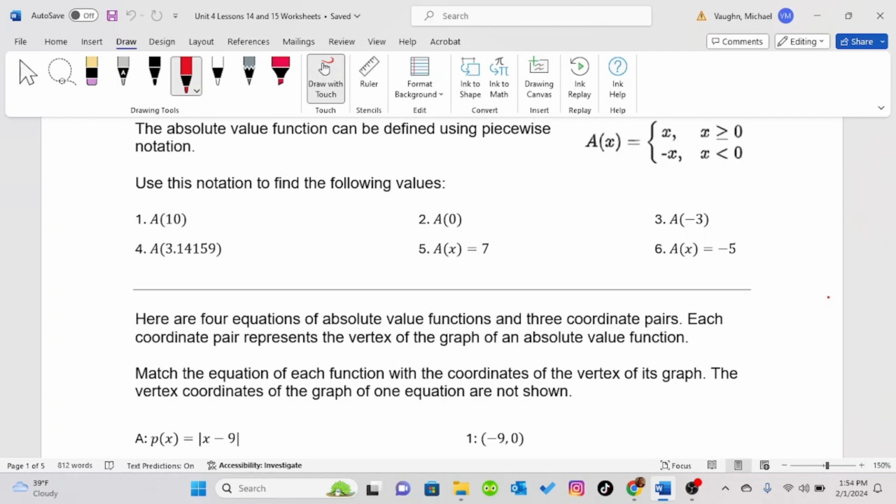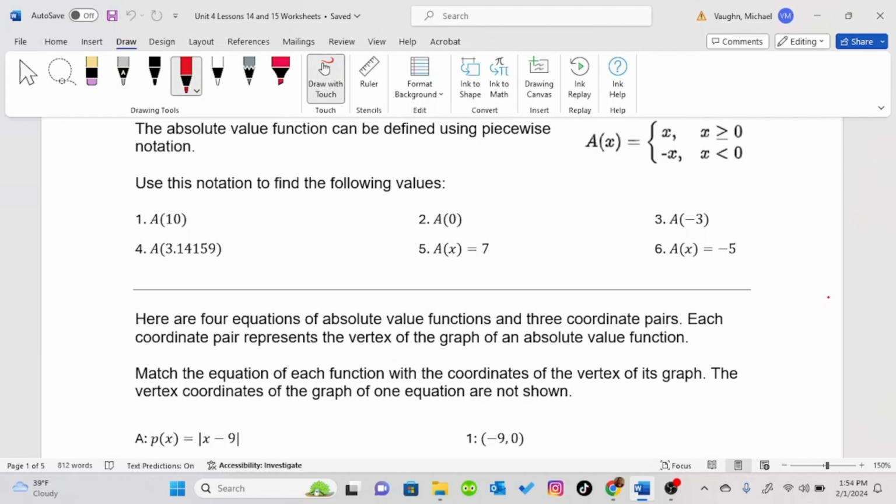So the first problem says the absolute value function can be defined using piecewise notation. Use this notation to find the following values. So number 1 says a of 10.